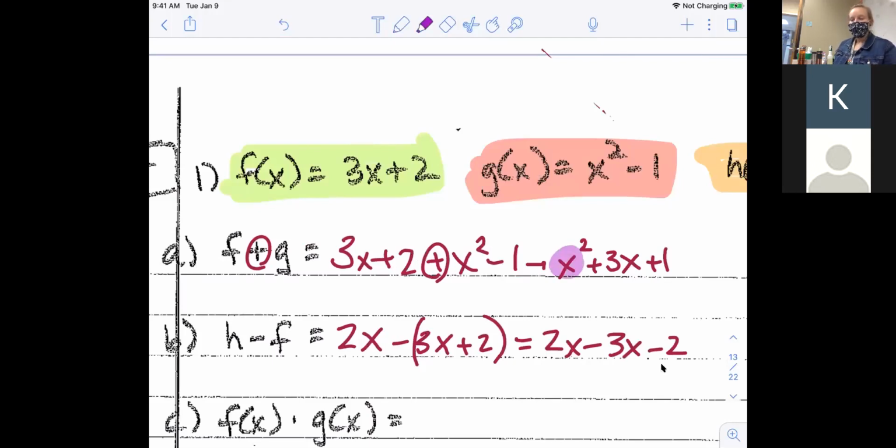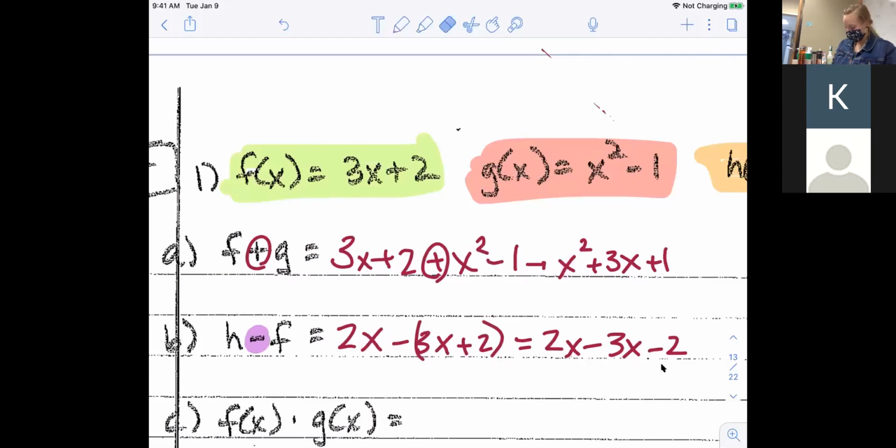Well, then why do we have to put the parentheses around it? Because we had to plug in f. Because we're minusing f, and if you don't do the parentheses, you'll forget to make that 2 negative. I'm not just minusing 3x, I'm minusing the entire function of f. Okay, the entire function of it. Let me circle that. Okay, thank you.